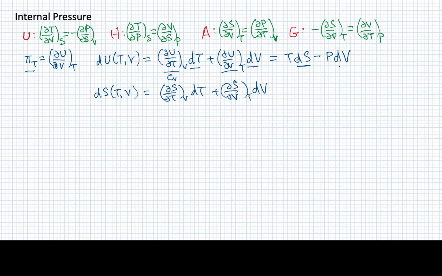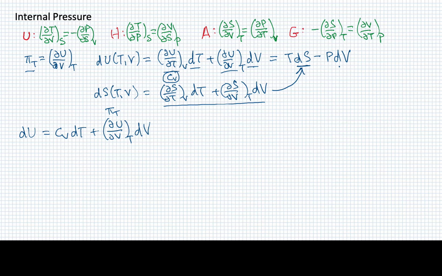Now I'm going to take this expression and substitute it in here for dS. I'm going to rewrite the other side, using this C_V to simplify it a bit. So in the end I'll have an expression for the total differential of dU that looks like C_V dT plus this derivative I'm most interested in, dU/dV at constant temperature dV, which is the definition of the internal pressure.